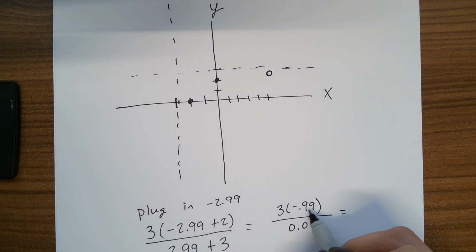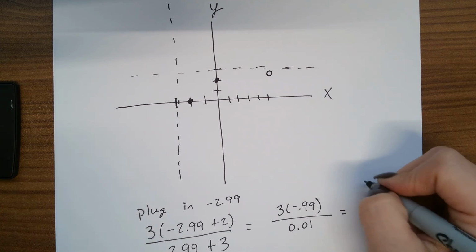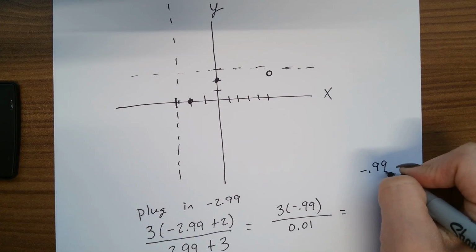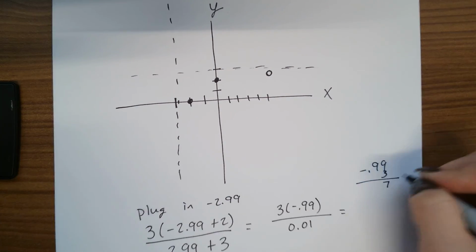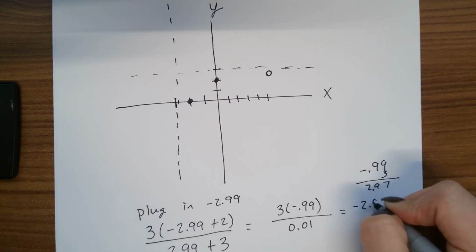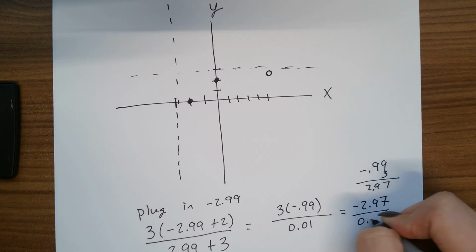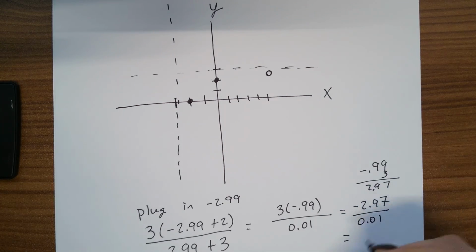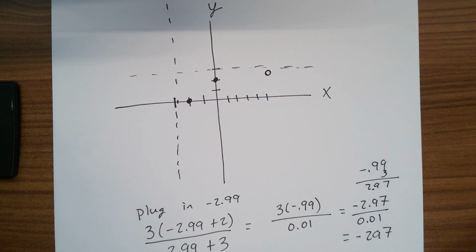So 3 times negative 0.99, I don't have my calculator, so I'm just going to come over here off to the side and do that. 3 times 7, 7 carry my 2, 2. So negative 2.97 divided by 0.01, which gives me negative 297.